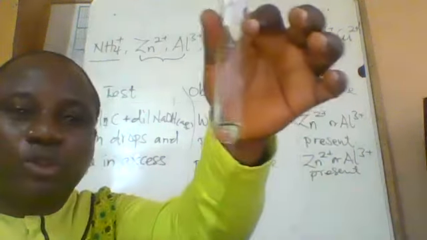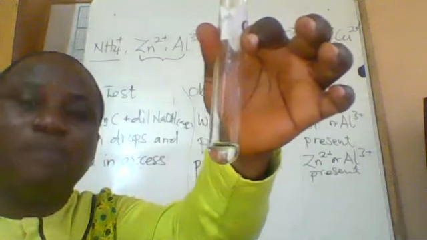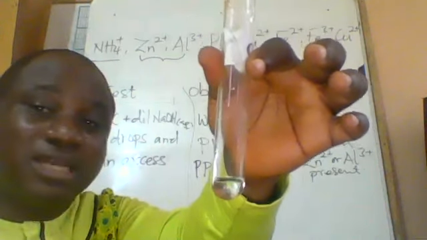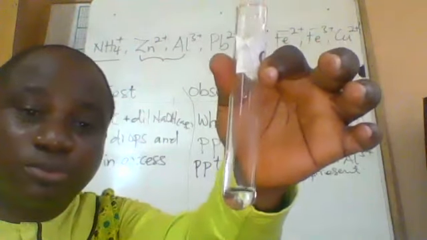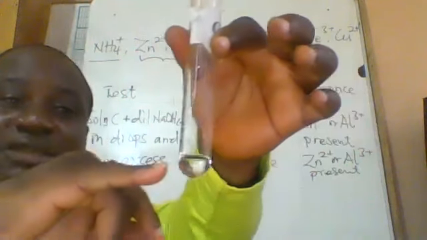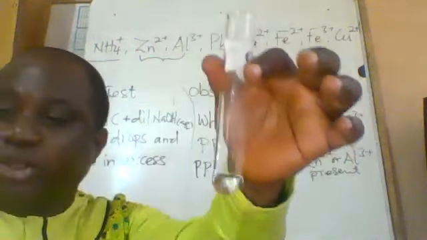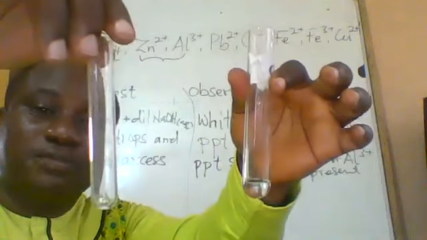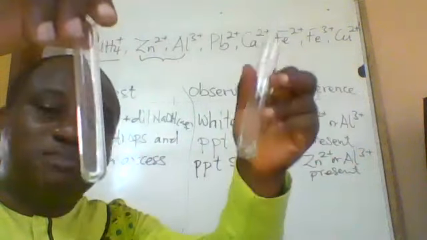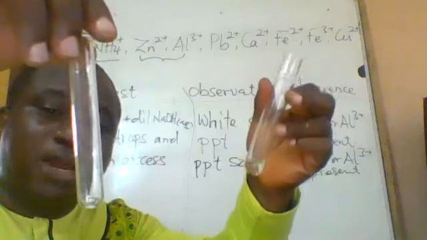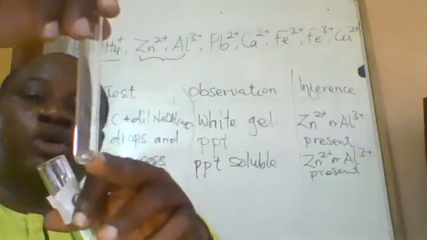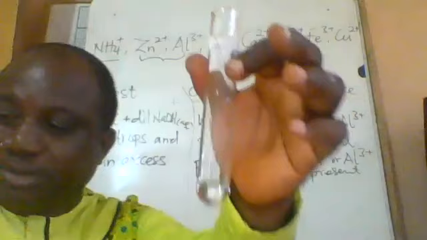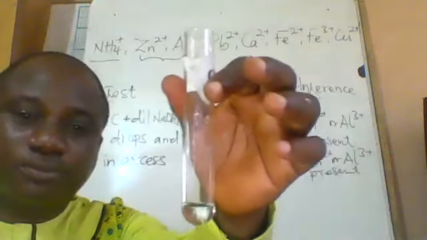I don't expect you to go and look for a measuring cylinder to measure 2 cm cube. Just estimate. Sometimes you even use a smaller test tube like this. Don't pour the test solution plenty. About 2 cm cube is enough.